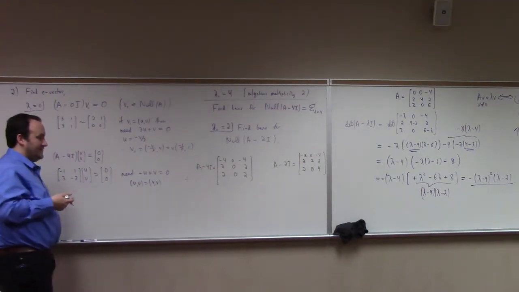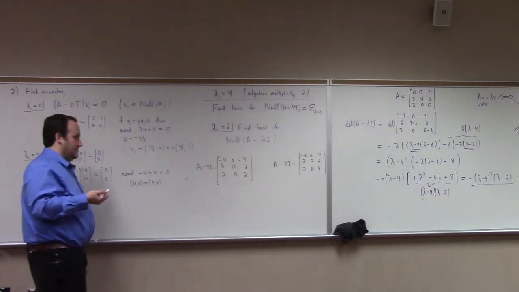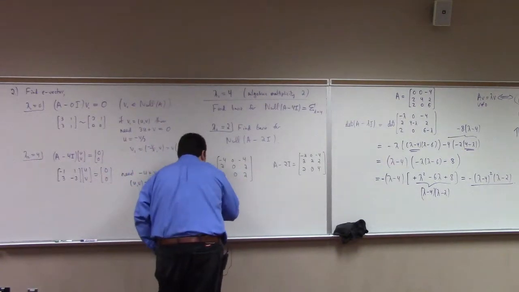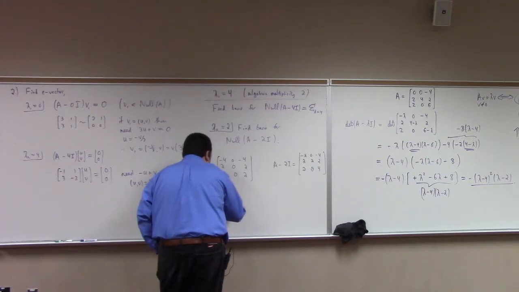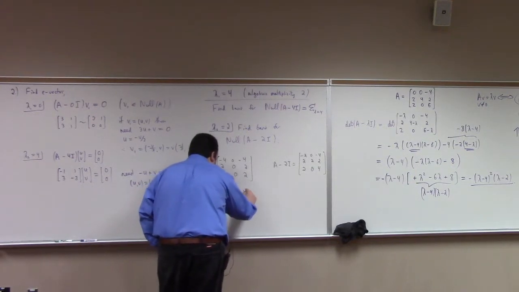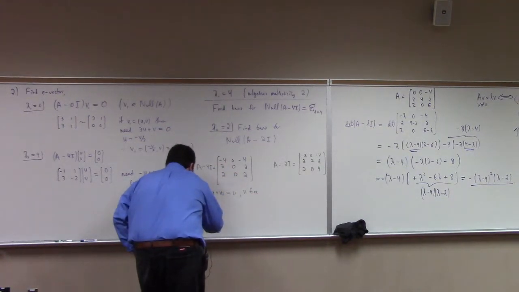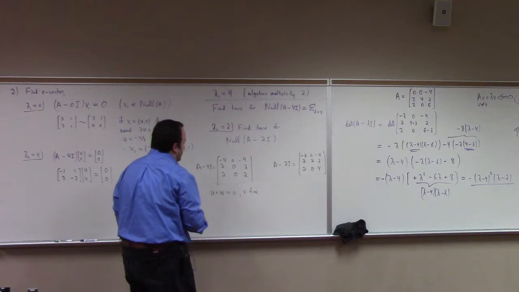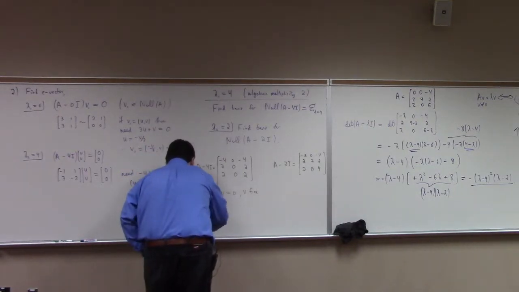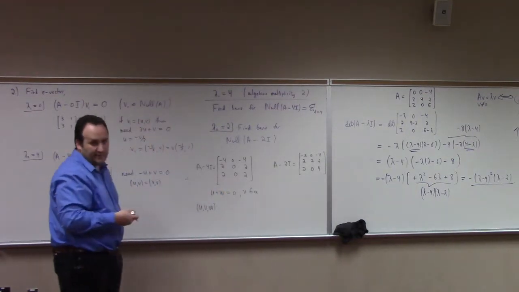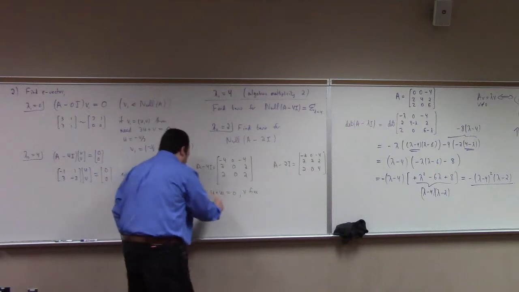So, all right. Do I need to do a bunch of row reduction? No, not really. This right here tells me that U plus W equals 0, and V is free. So my UVW vector, in other words, a vector which is an eigenvector with eigenvalue 4, I can tell you what it looks like.